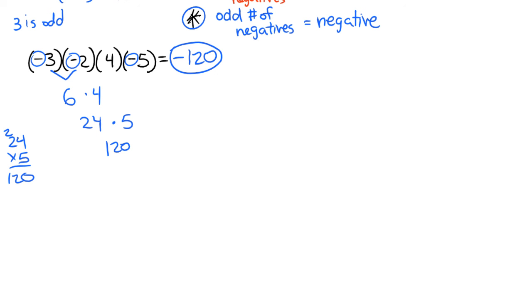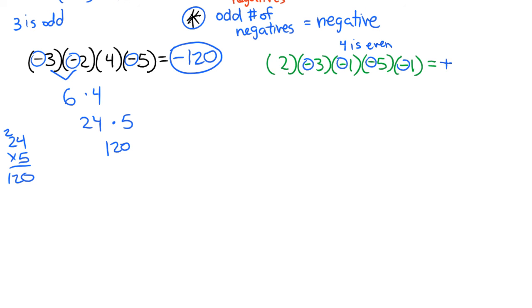Let's take a look at one more example here. Let's just say 2 times -3 times -1 times -5 times -1 again. All right, so we look and we say, we have 1, 2, 3, 4. 4 is even.